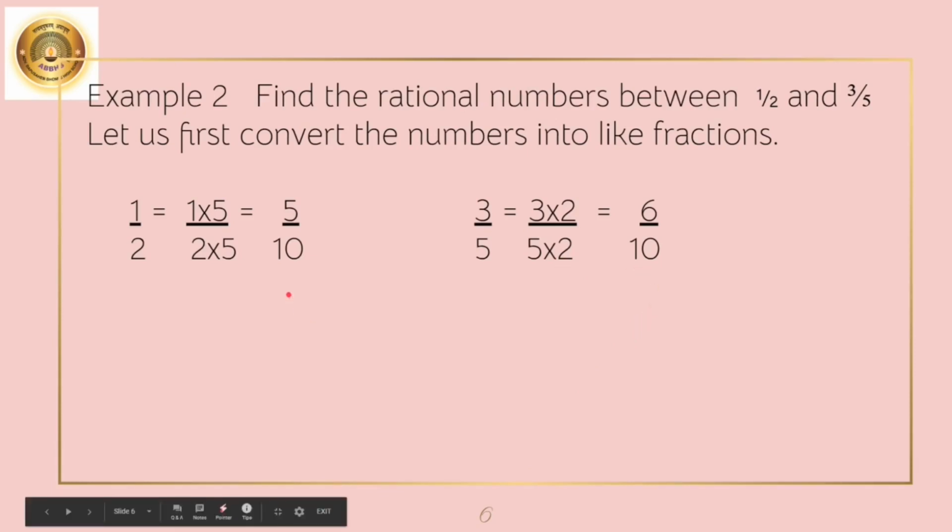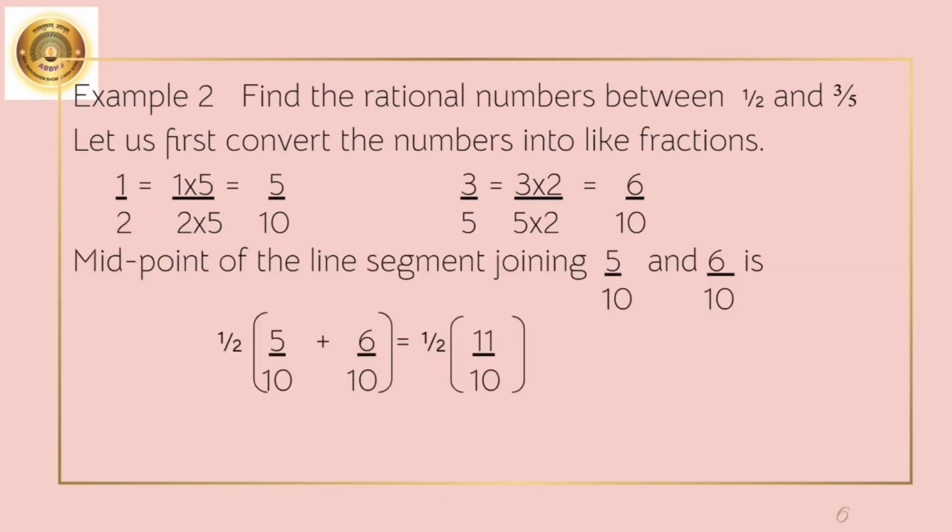Now we want to find the midpoint of the segment joining 5/10 and 6/10. How will you do that? It is half of the sum of the two numbers. That is half of 5/10 plus 6/10. That will give you half of 11/10.